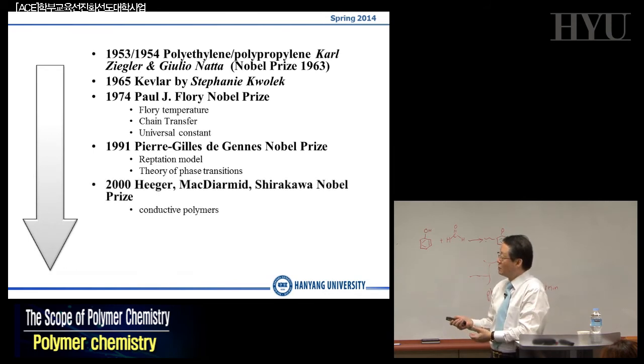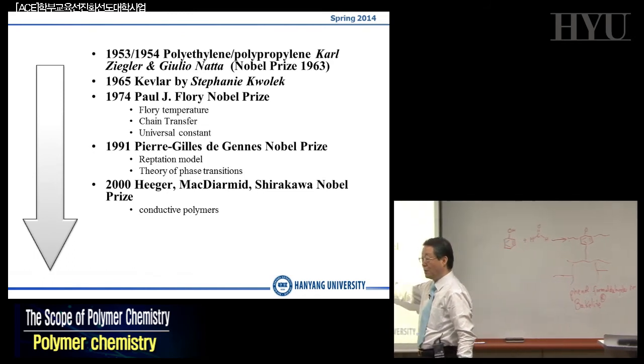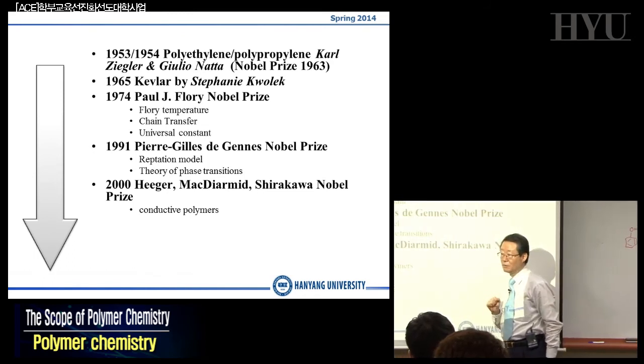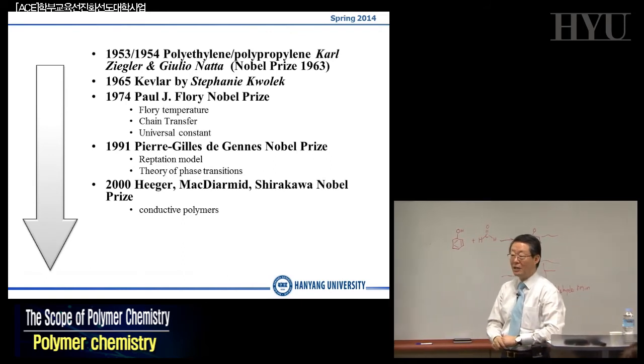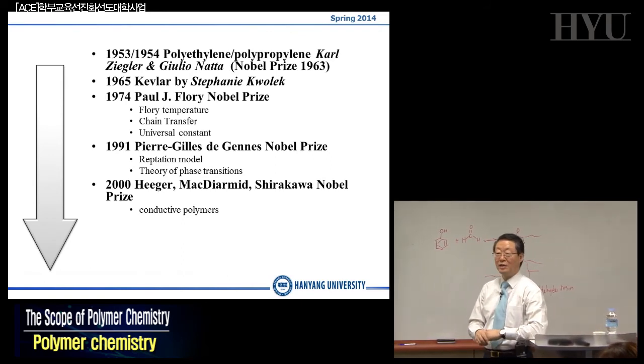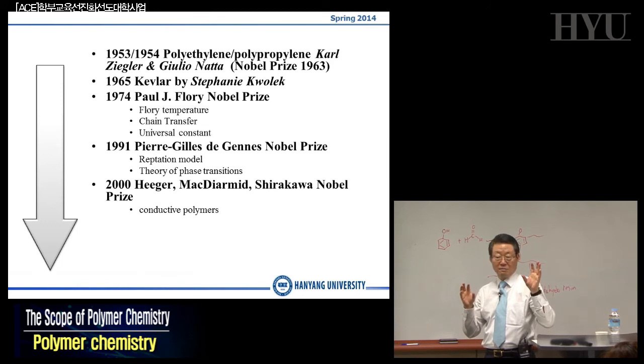In 2000, the scientists Alan Heeger, MacDiarmid, and the Japanese Shirakawa won the Nobel Prize because of the invention of the electrically conducting polymer. Well, when I introduced you to bakelite, I told you that it is an insulating plastic.